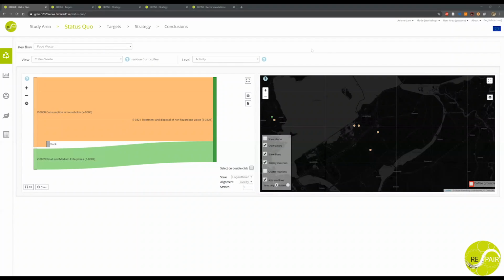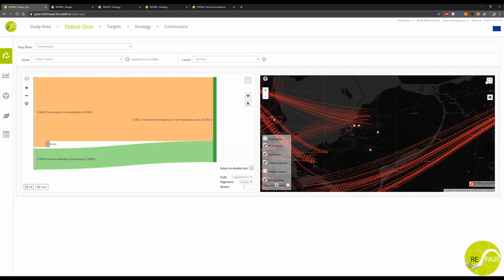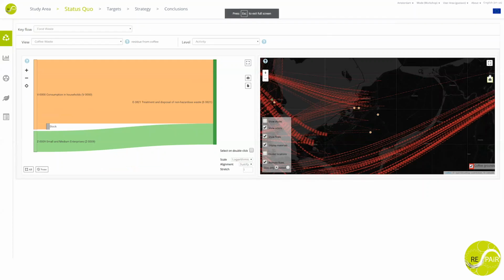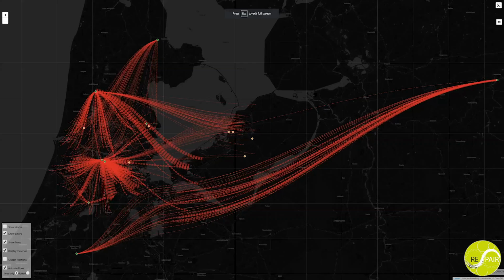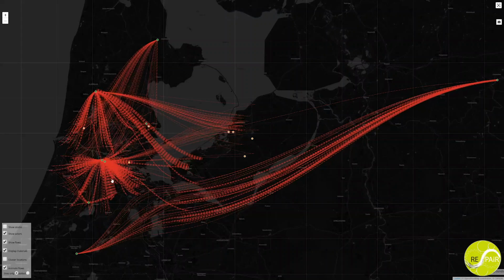Flows of waste can be visualized at 3 levels, being activity group, activity, and actor level, which is the most detailed level. Also, flows can be visualized on the basis of particular materials. In this case, we see only flows of coffee waste for the city of Amsterdam.